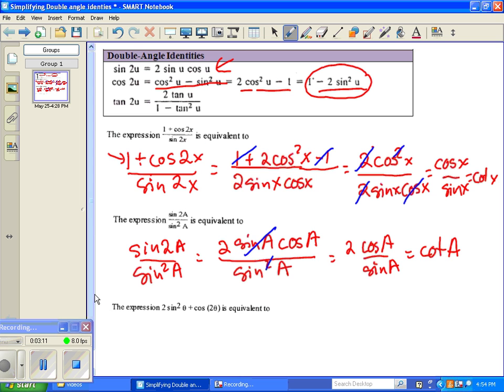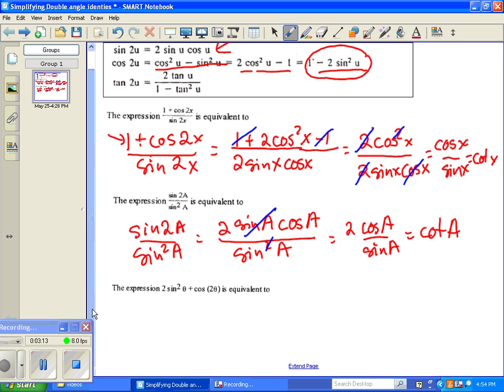So let's take a look at the last one. 2 sine squared of theta plus cosine 2 theta. Now we're going to substitute something in for the cosine 2 theta.